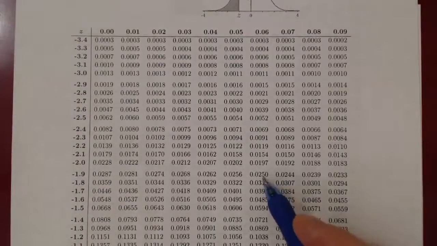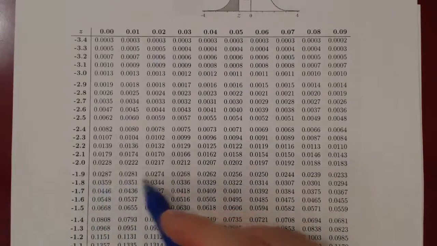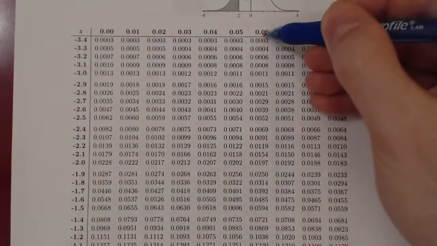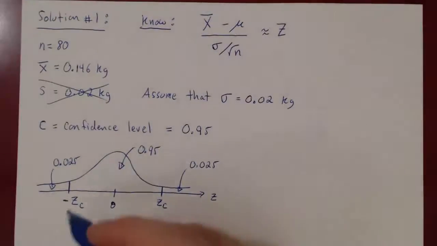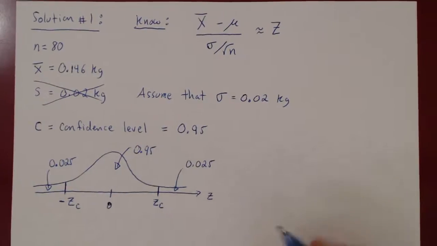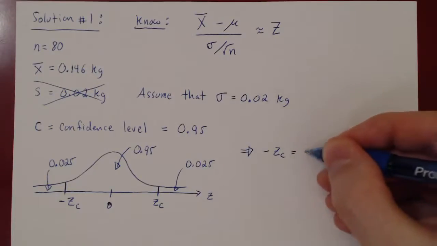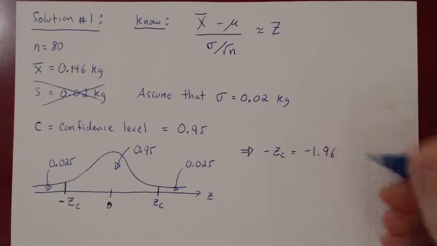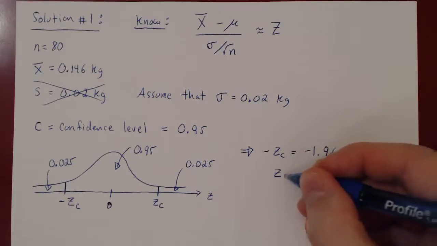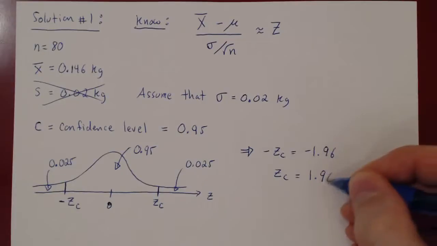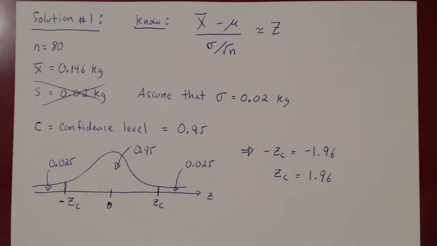If you look in your table, the closest you can find to 0.025 actually is on the money, 0.025, and the z-score is negative 1.96. So the z-score is negative 1.96, and that is the value of this point right here. So we know from our table that negative zc is negative 1.96. Therefore, if you negate both sides, zc is just 1.96.